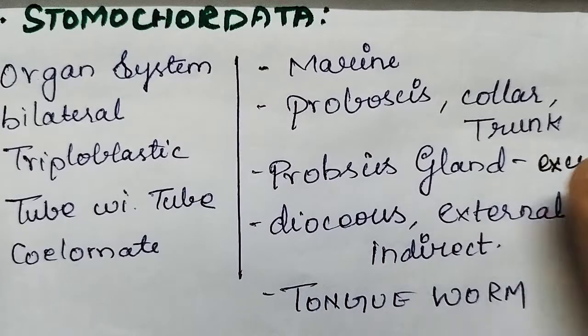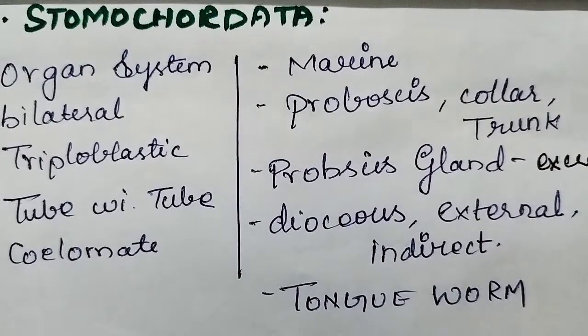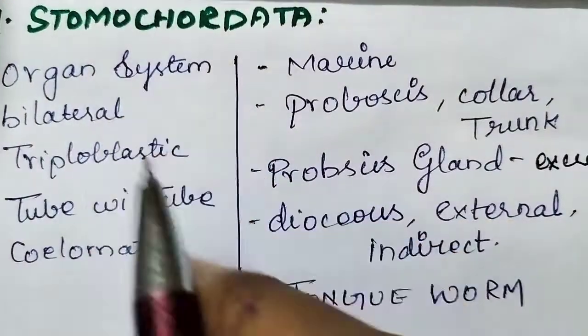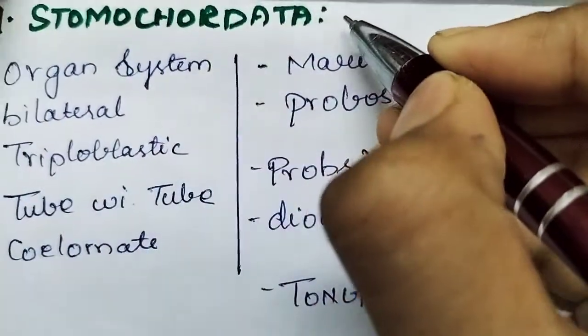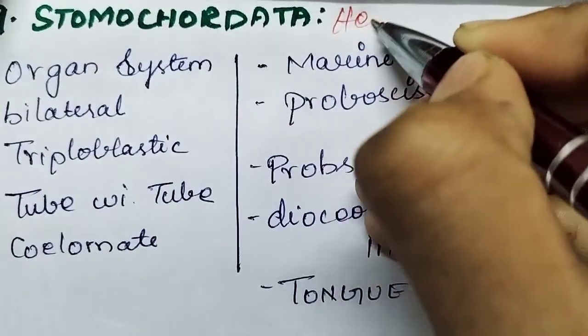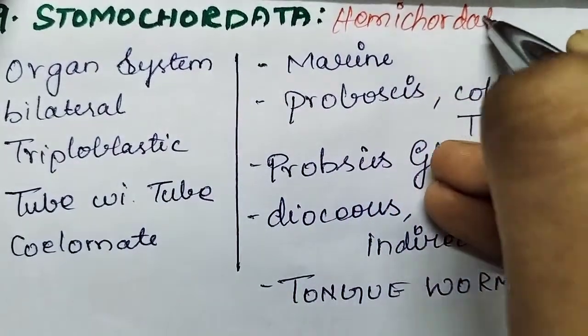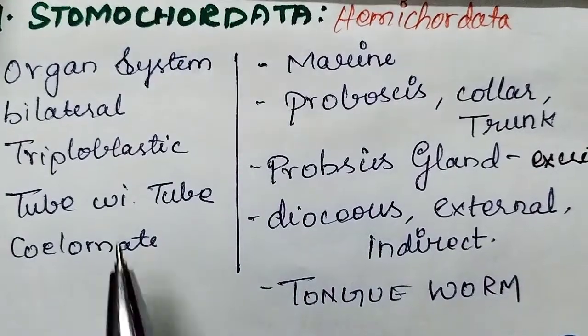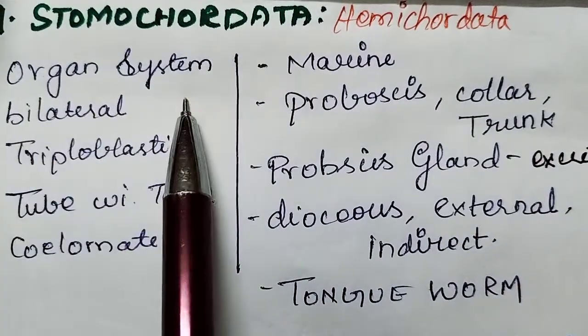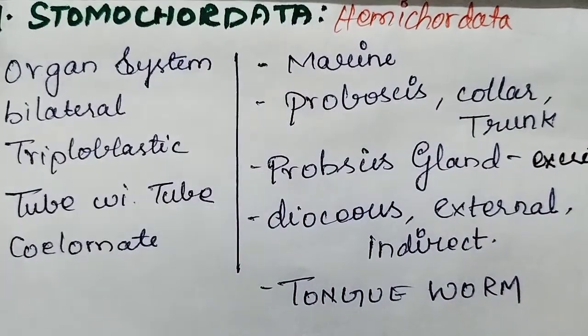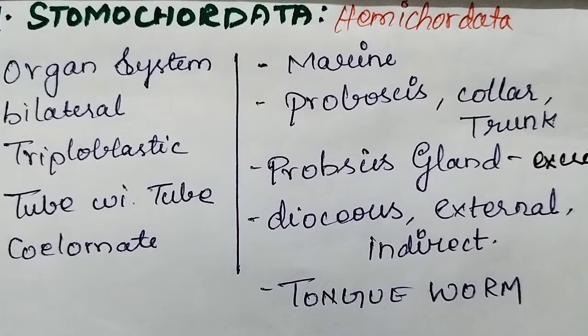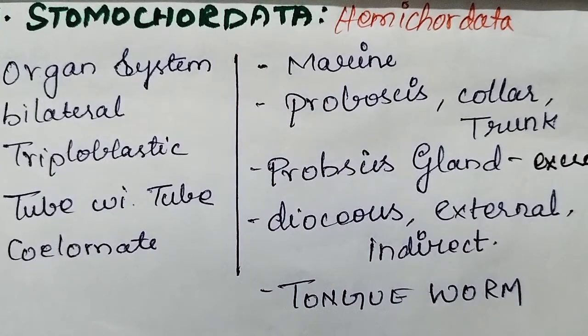Next phylum is the last phylum under non-chordates, Stomochordata, or you can also say Hemichordata. Basic features: organ system level of organization, bilateral symmetry, triploblastic, tube within tube plan, and coelomate animals.